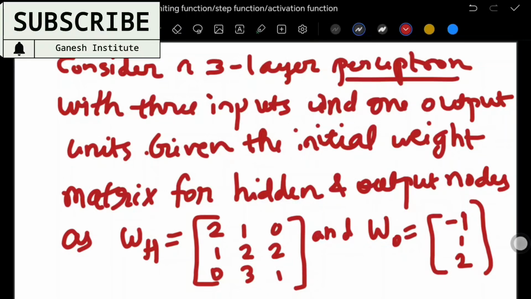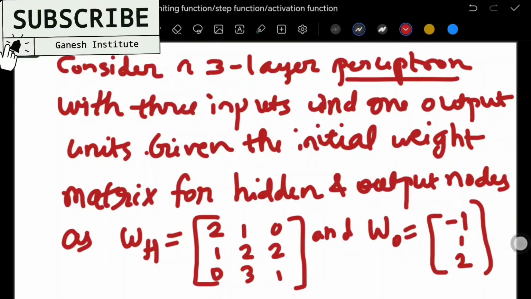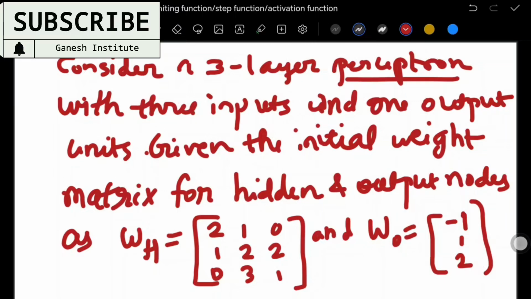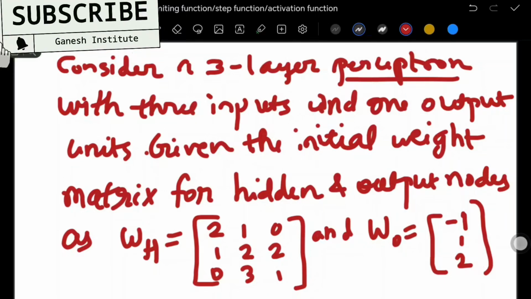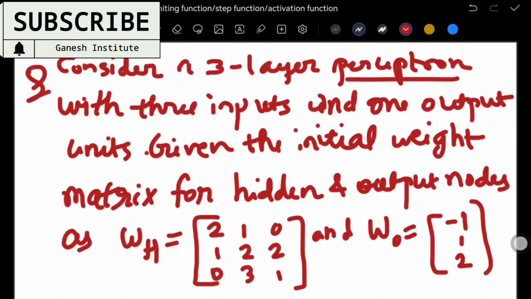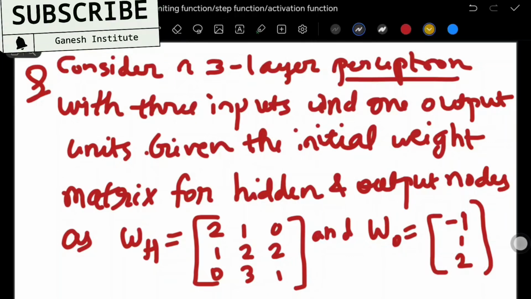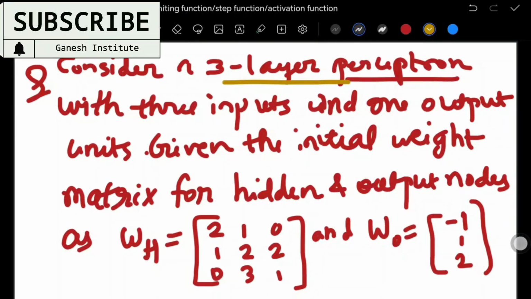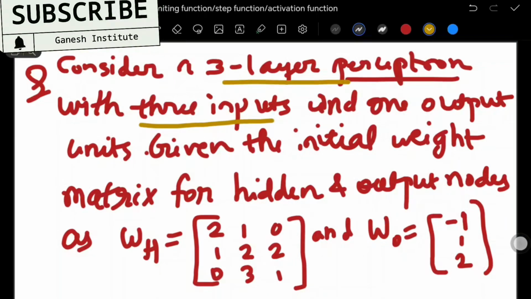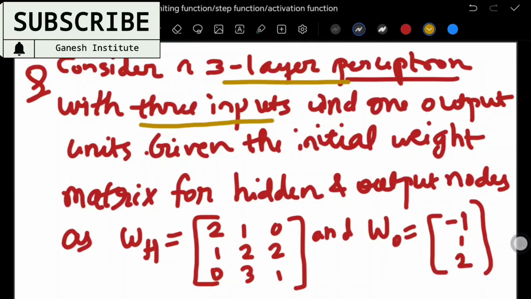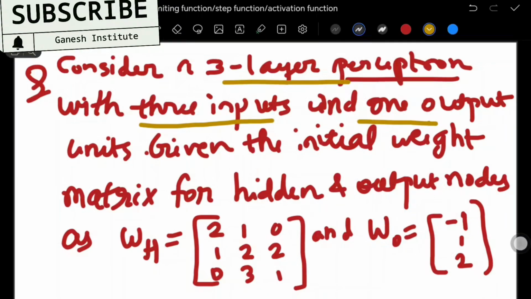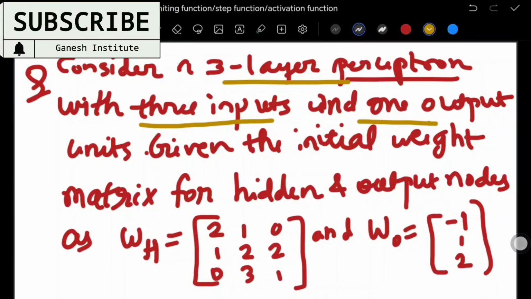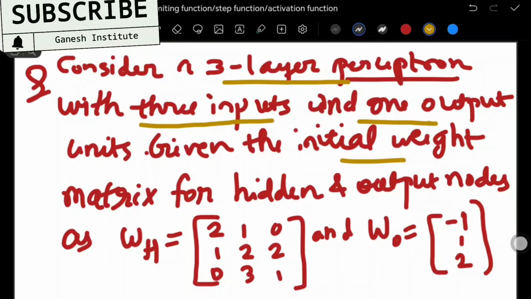Let's take up one question which has been repeating in the question papers for so long. Almost in every question paper you will find it. The question is: consider a 3-layer perceptron with 3 inputs and 1 output unit, given the initial weight matrix.